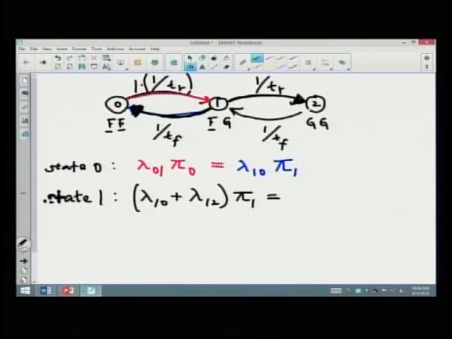And then the transition rate into state 1: one is from state 0, and the other is from state number 2. So we're going to put that information: lambda 0,1 pi 0 plus lambda 2,1 pi 2. Is that right?